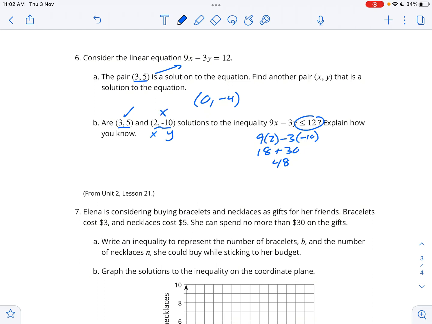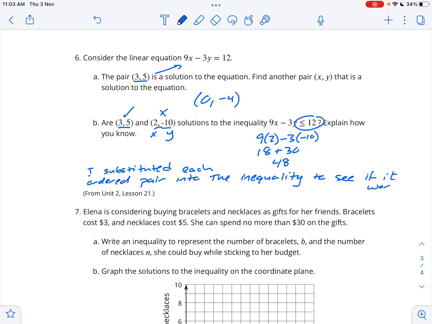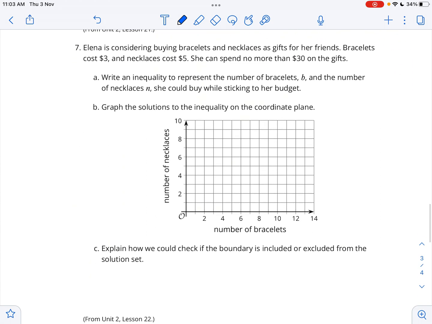So if I was going to explain how you know, I would say I substituted each ordered pair into the inequality to see if it worked, or something like that. It doesn't have to be exactly in that phrase, but something like that.